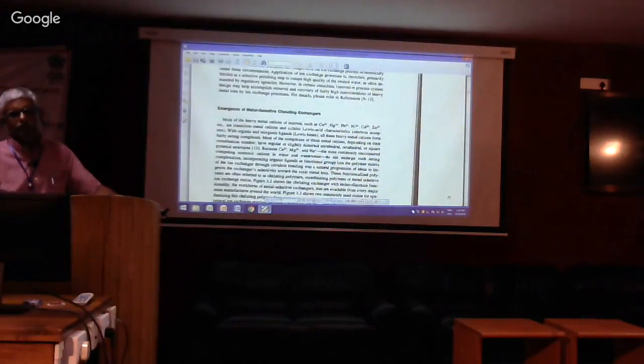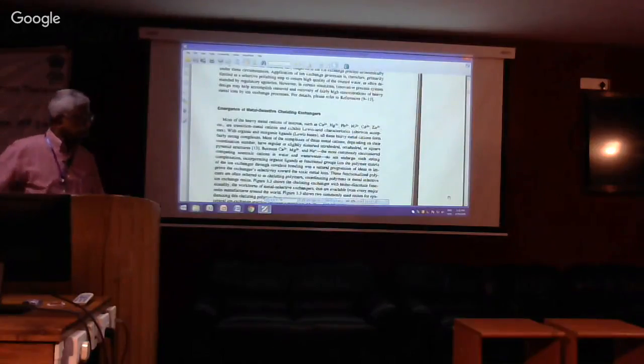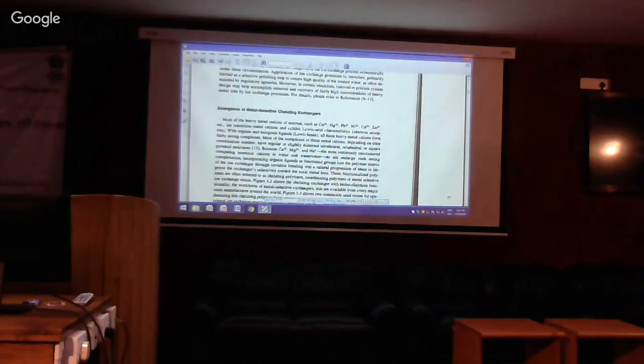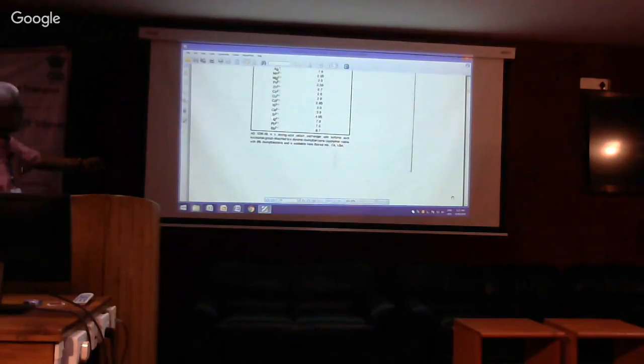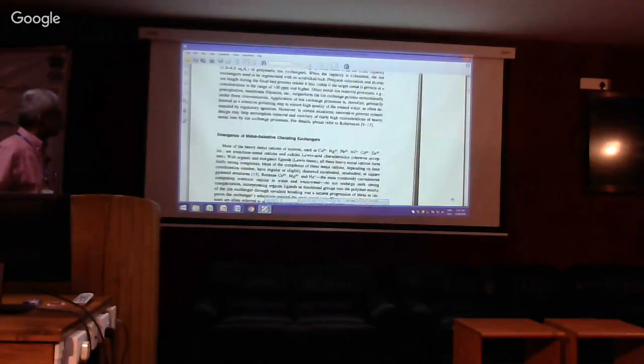So that's when, in the 1960s, people started looking at chelating exchangers that are metal selective. And when we say metal selective, heavy metal selective, we are looking primarily at these six. And you can add mercury to it, but in general, these are the ones that you've encountered most often.